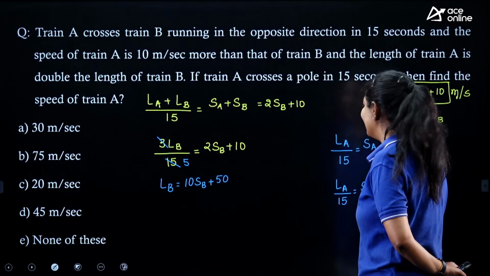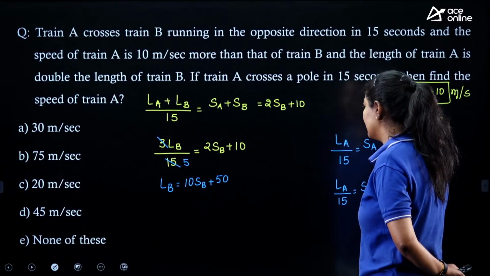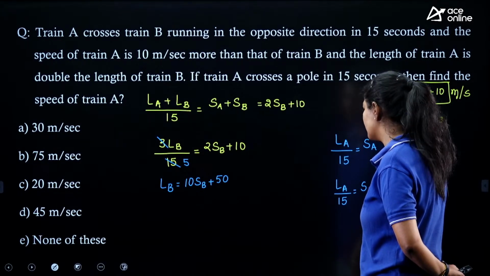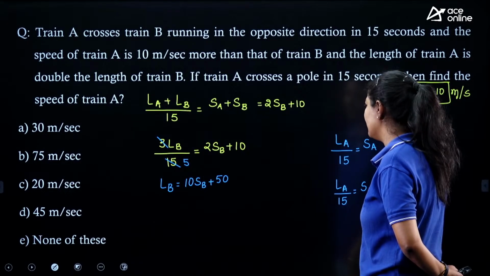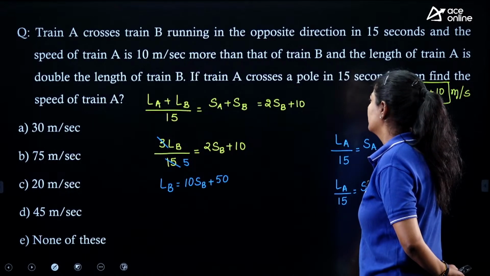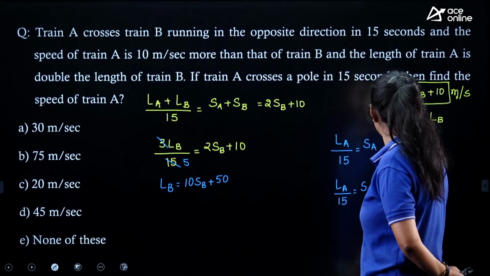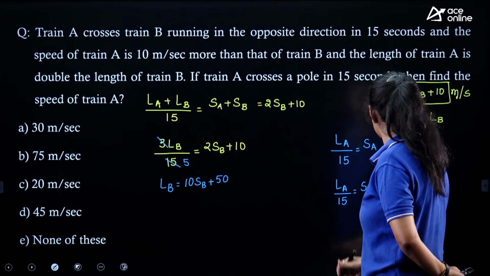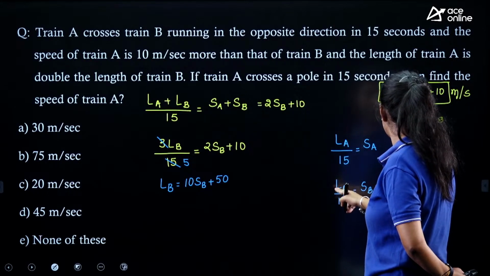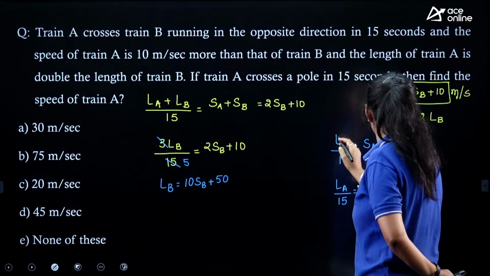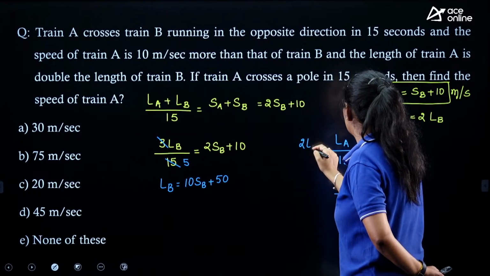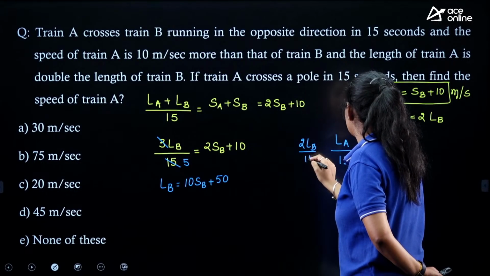So LA is nothing but, or we can also do one thing, we can replace LB. Okay, what if we replace this one, 2LB divided by 15.